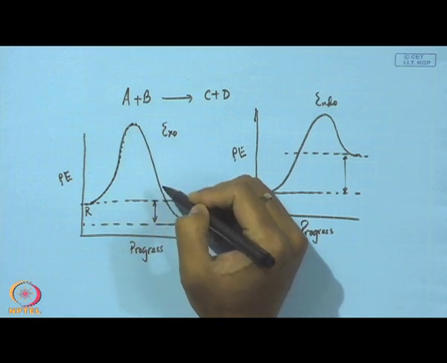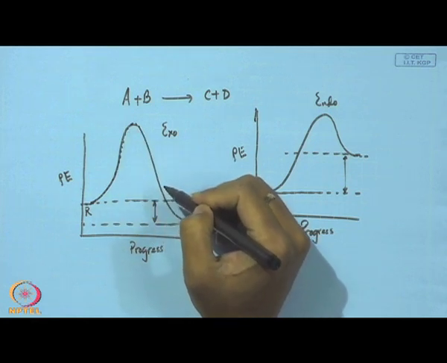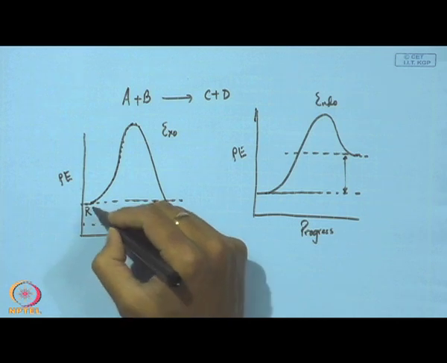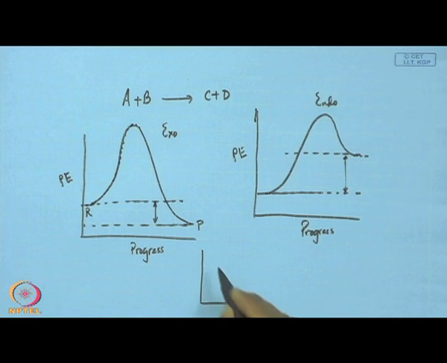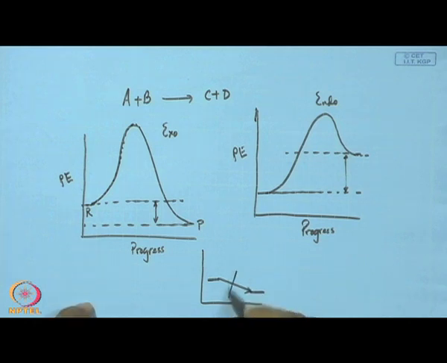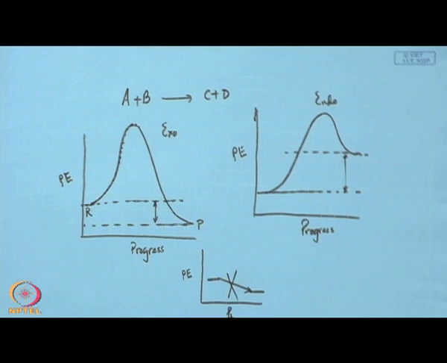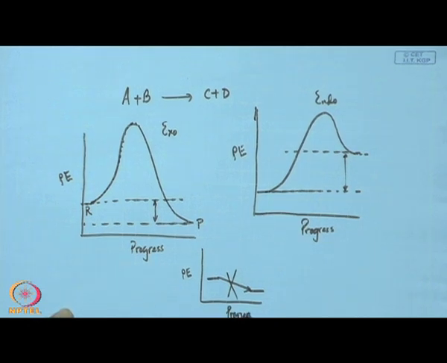But you cannot depict a reaction directly in this way, that you have this reactant, so this is a product. This is a wrong way of drawing, PE versus progress. It should always pass through a barrier.